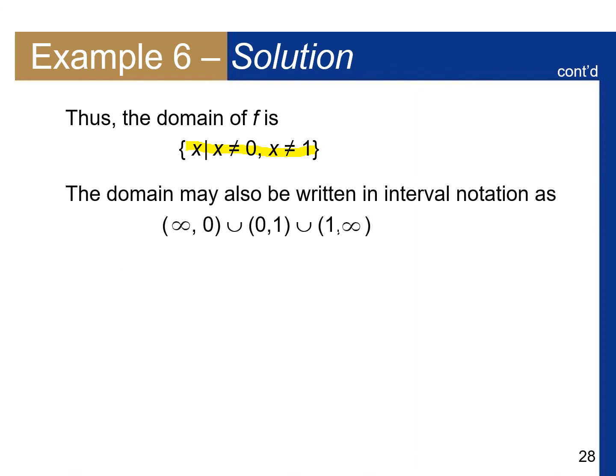You could also write it in interval notation. So you could say from -infinity to 0, but not including 0, 0 to 1, but again, not including 0 or 1. That's why we have it in parentheses. And then from 1 to infinity, that would be interval notation.